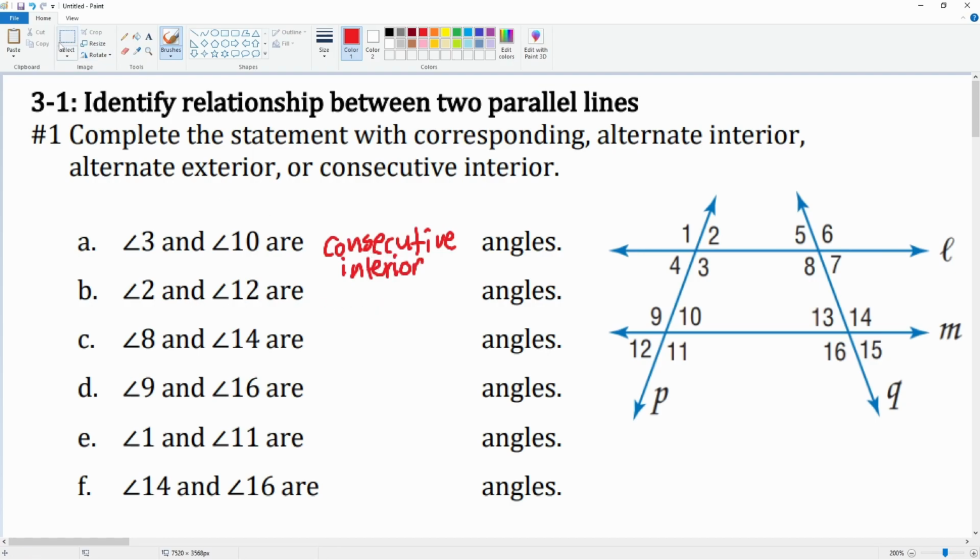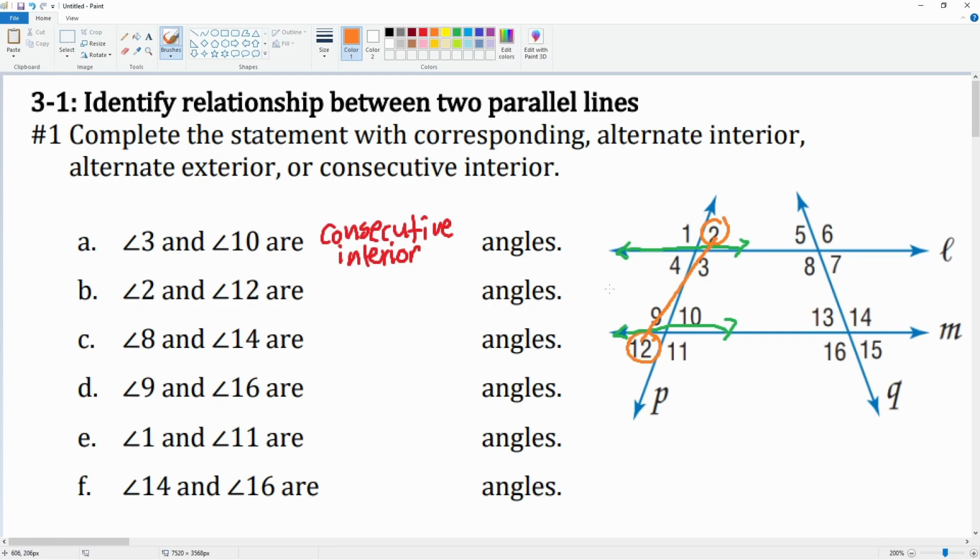Okay, let's now look at number B, which is angle 2 and angle 12. Angle 2 is right here and angle 12 is right here. It is still on this parallel line of line L and line J. Notice they're both on the outside, so that is an exterior. And notice they cross this transversal.